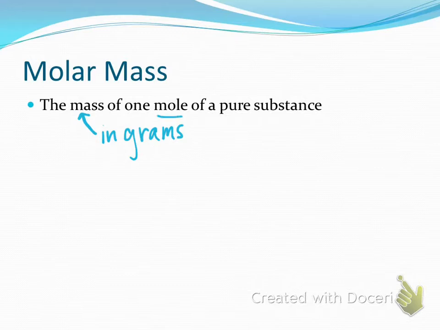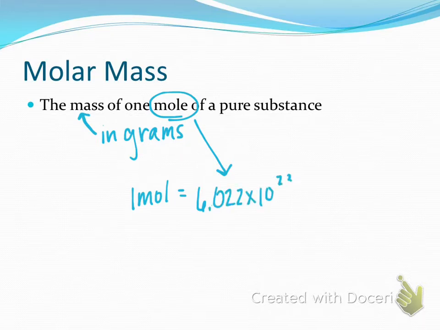And so a mole is similar to a dozen, just on a much, much, much larger scale. So 1 mole of any substance, abbreviated mol, is equal to 6.022 times 10 to the 23rd of any substance.